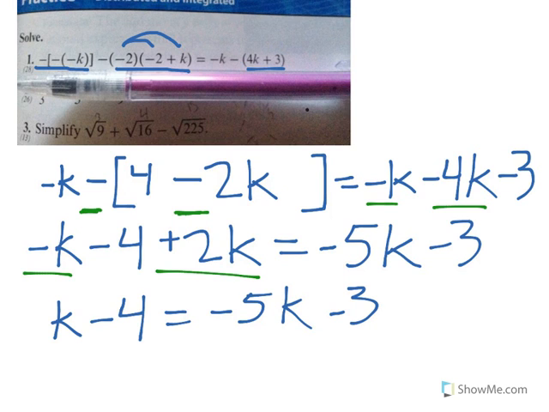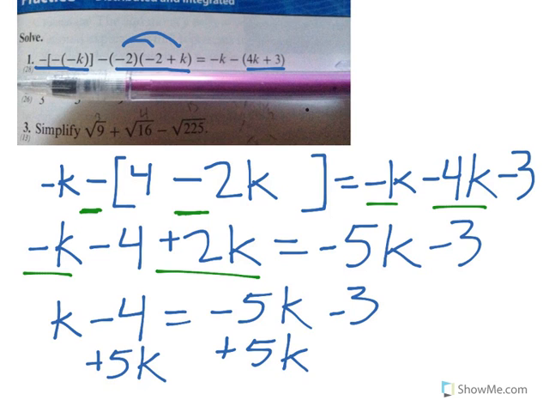Okay, so now what I have is an equation. There's one variable, but it's on both sides of the equation, so I got to get it onto one side. So how about I add 5k to both sides?